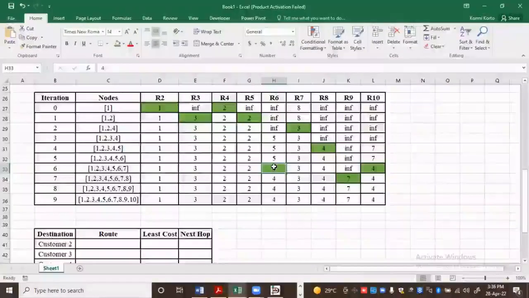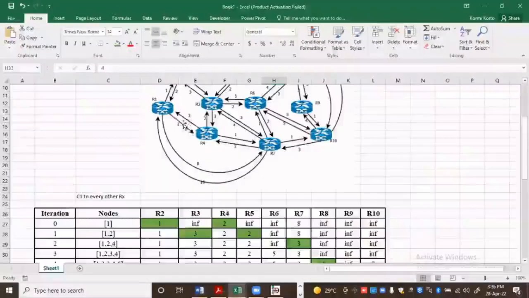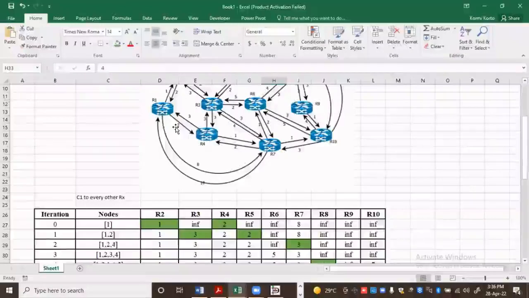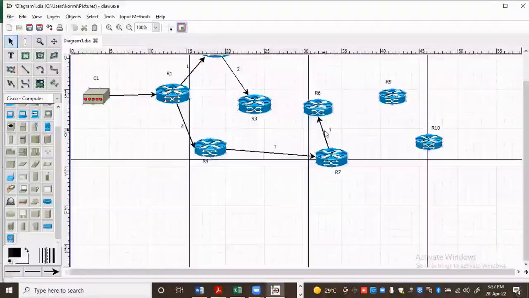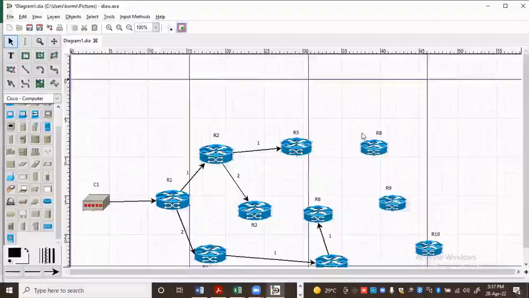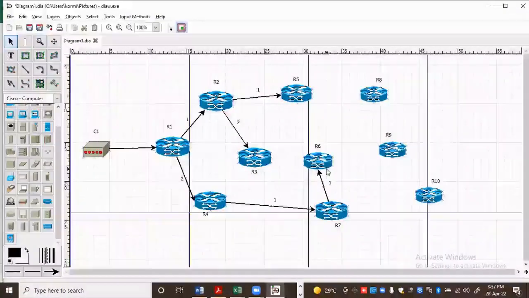If you go through R1 to here, R4 to R7 was 1, R7 to R6 was 1. So 1, 1, 2, 4. Okay, so that's how you get to 6 with the least cost. So it was 2 plus 3 plus 1, 3 plus 1, 4.